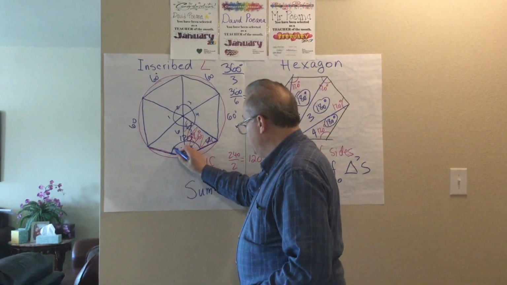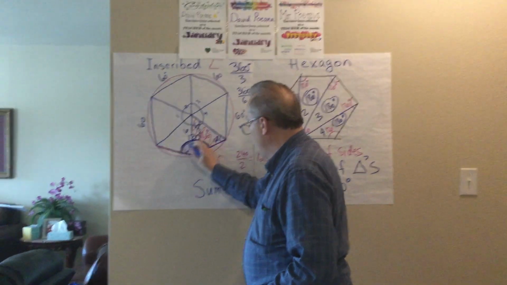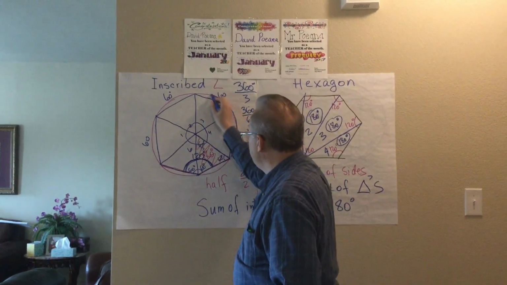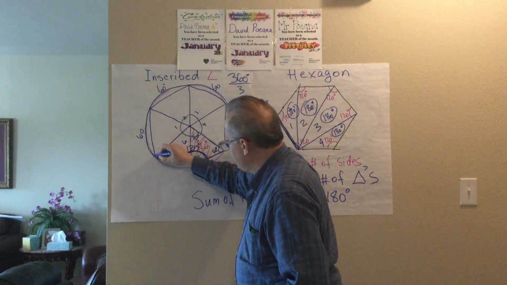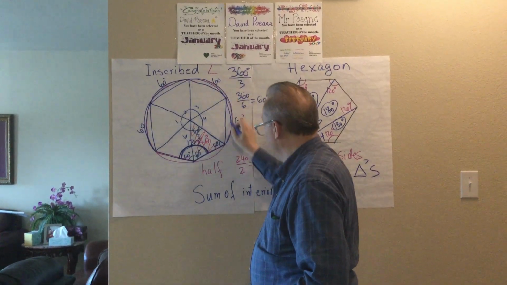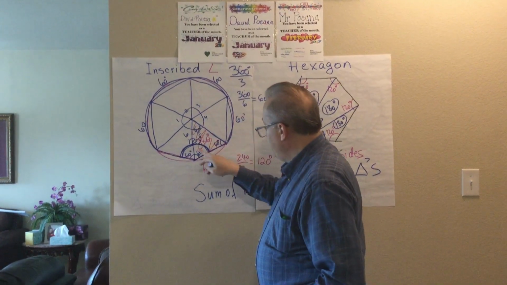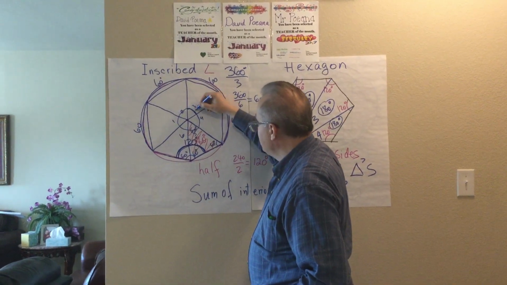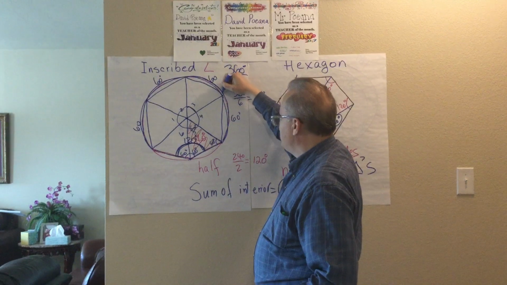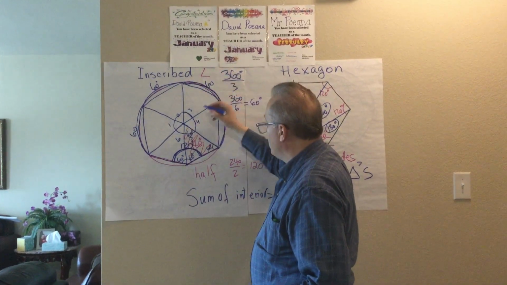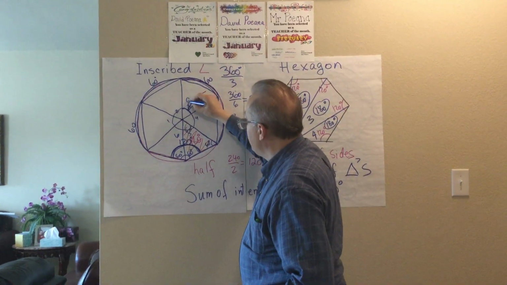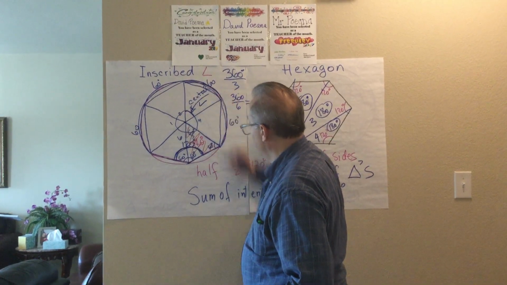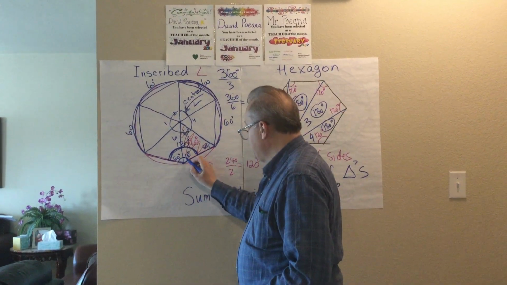I noticed that this big angle, 120, is half of this big intercepted arc. But if I have the same angle right here, it's still 60. It's equal to just this intercepted arc. Why? Because this is a central angle. This is an inscribed angle.